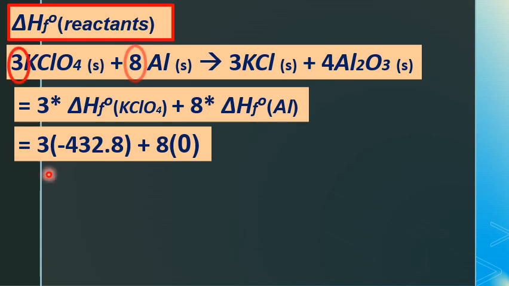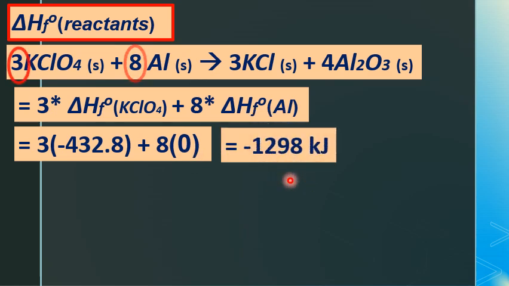Substituting, that means 3 moles multiplied by negative 432.8 kilojoules per mole. And since the standard delta HF for aluminum is equal to 0, the value of the total standard delta HF of the reactants is equal to negative 1,298 kilojoules.